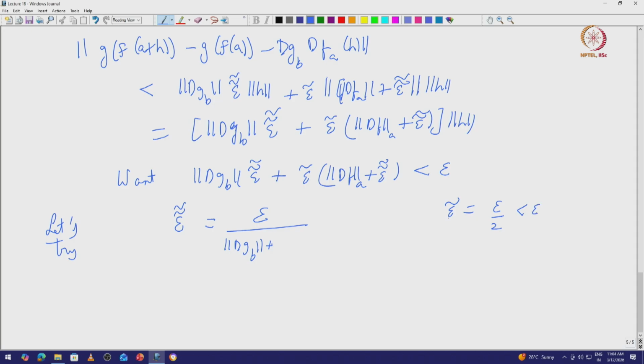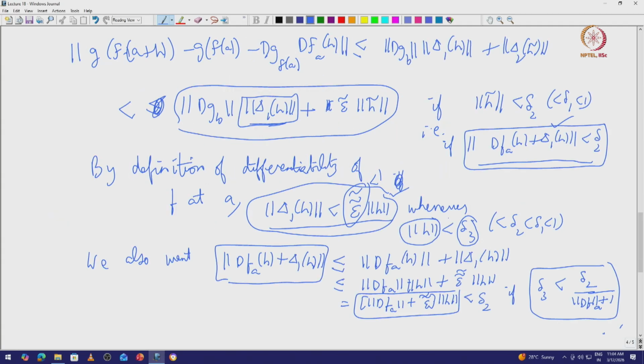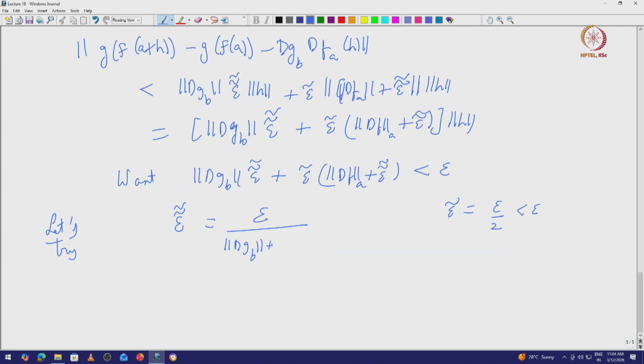We can choose it to be even equal to epsilon if we want to, because recall we only want it to be less than 1, so we might as well choose it to be equal to epsilon.